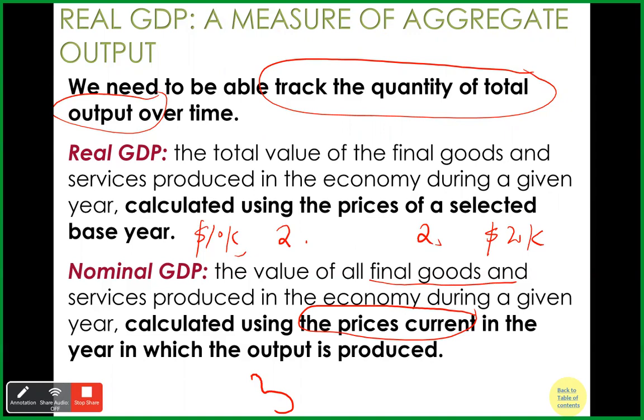The only difference is we calculate the market value of total goods and services produced using the price of a selected base year. Or in other words, you use a fixed price. Like in this simple example, you either use the price here or use the price here. And then you're going to have a better understanding, or a more precise measure, in terms of quantity, right? So we have an example to help you understand.